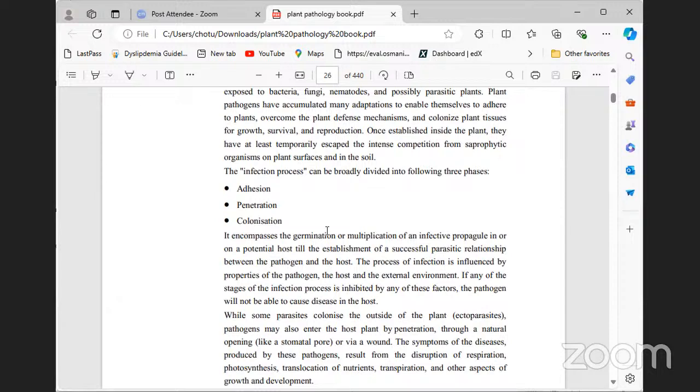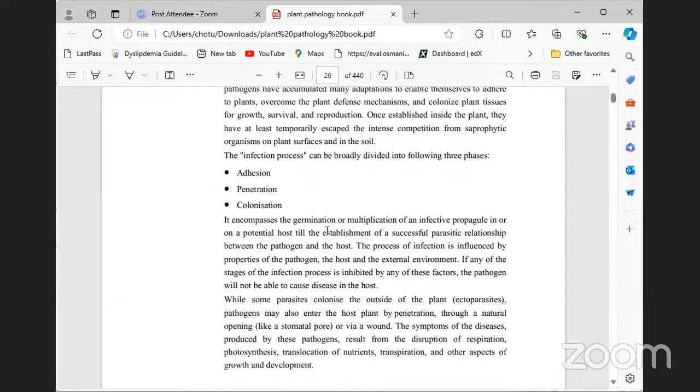These pathogens enter by penetration through natural openings like the stomata.